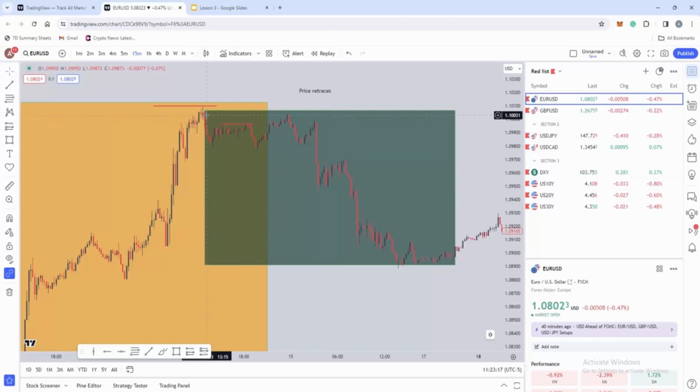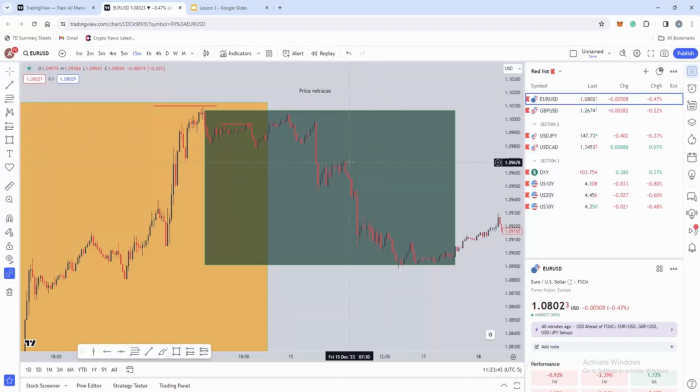This candle is inefficient, so price took out the buy side, filled the inefficiency, came back down, then price went up one more time before fully going all the way down, wiping out all of this liquidity, taking this out. Then price consolidates a bit because it was a bit of a strong move, so it's going to take some time to accumulate more orders.